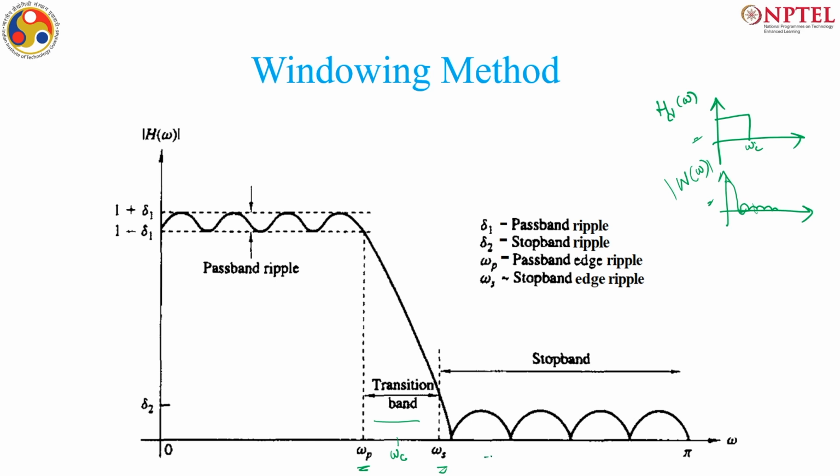Similarly, there are some ripples in the stop band, and there are some ripples in the pass band. This ripple is plus minus delta 1, called the pass band ripple, so this range is twice delta 1, and similarly delta 2 is the stop band ripple.